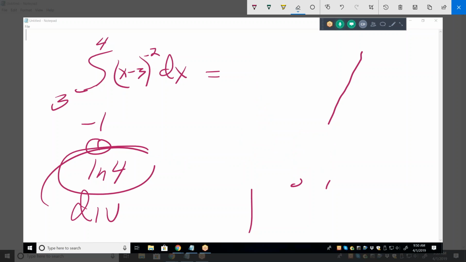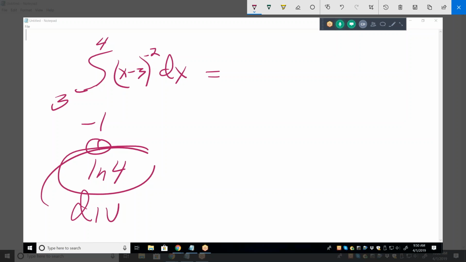I suppose if I said the integral of that, wow. How can the integral be ln? This one's a little puzzling.